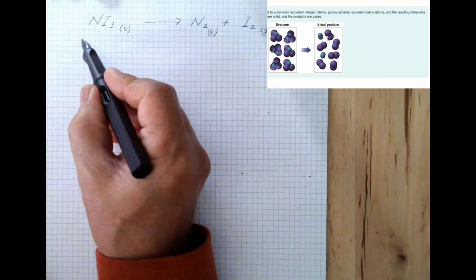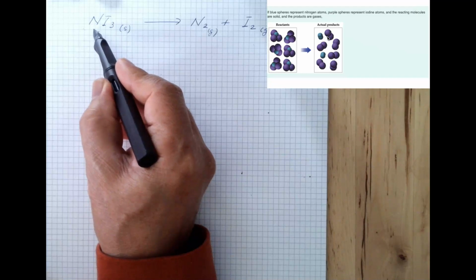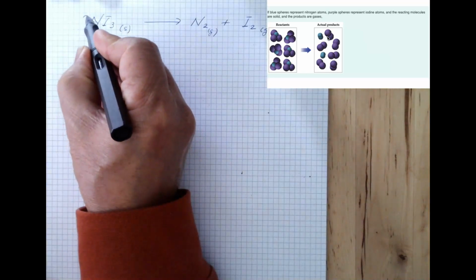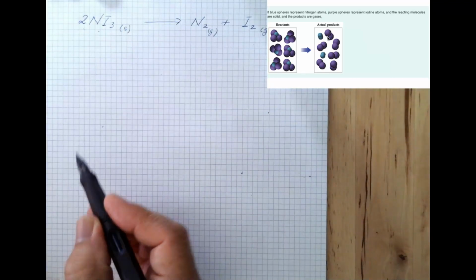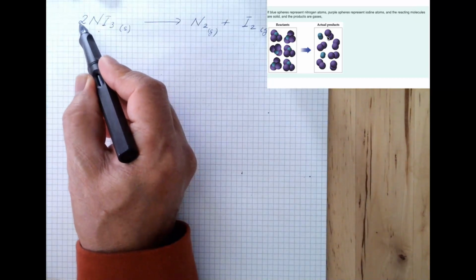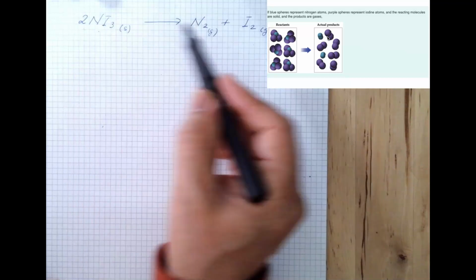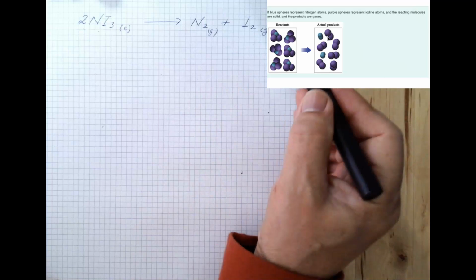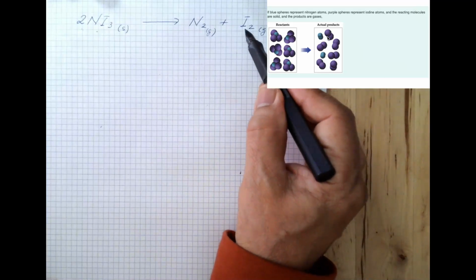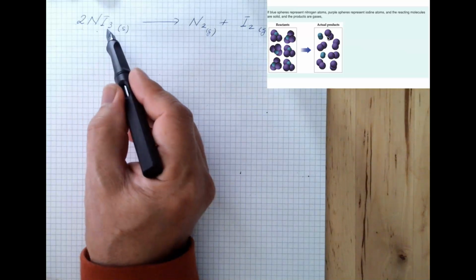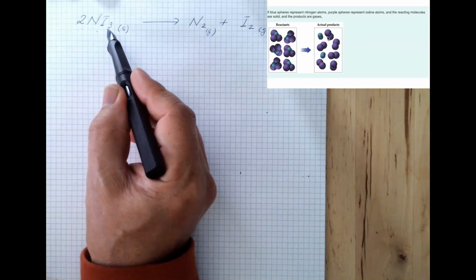So let's balance this. We have 1 nitrogen on the left, on the reactant side, 2 nitrogens on the right. So we need to do something to balance that. We're going to put a 2 here. Now with that 2 there, as you learned in an earlier chapter, 2 times 1 gives you 2 nitrogens, 2 nitrogens. But now we look at the iodine. We have 2 iodines, I2, and we have 2 times 3 iodines, 6 iodines.